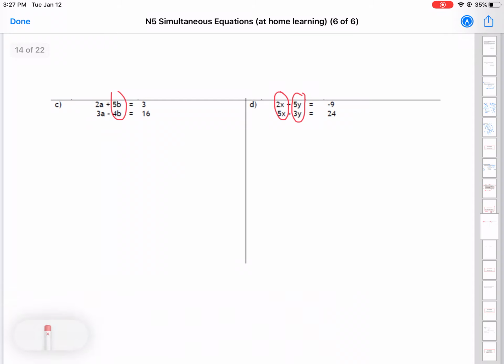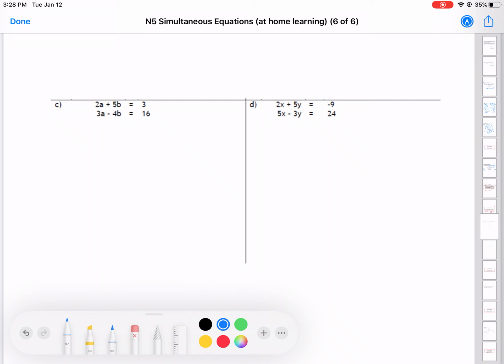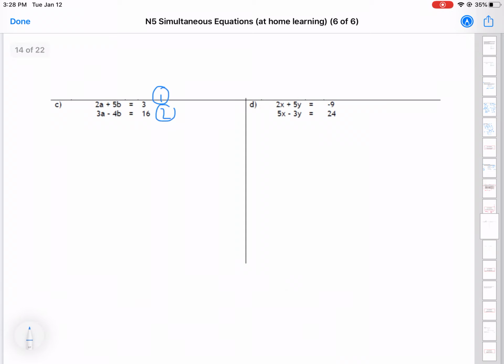Now for these types of questions, I have got to instead multiply both of the equations. So equation 1 and equation 2, and I'm just going to write out at the side what I'm multiplying them by. It's up to you what you multiply them by. We're trying to eliminate one of the letters, which means we need one of them to have the same number in front.